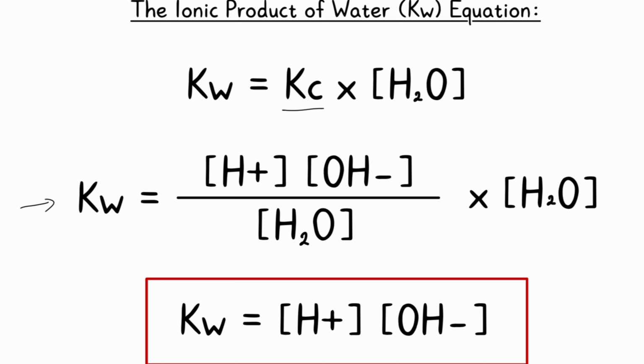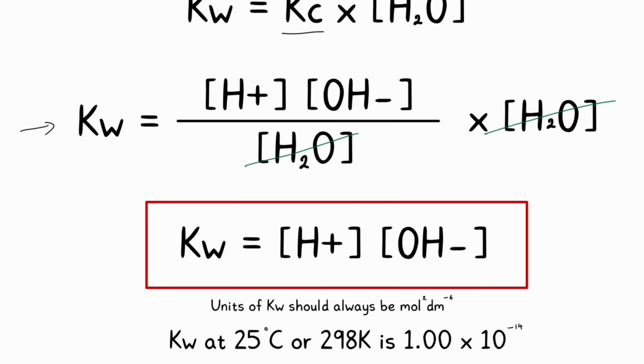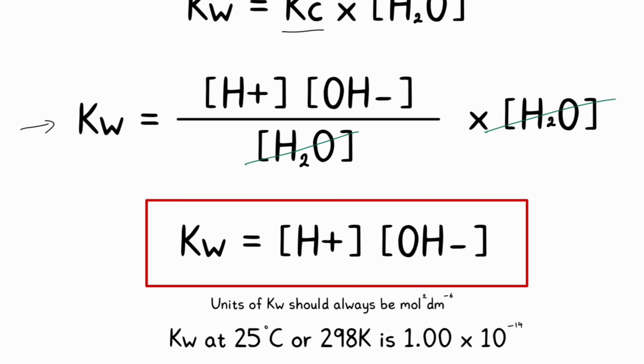Kw equals the concentration of hydroions times the concentration of hydroxide ions all over the concentration of water, again times the concentration of water. However, we can now cancel these waters out. And that will give us this final expression that Kw is equal to our concentration of hydroions times our concentration of hydroxide ions.